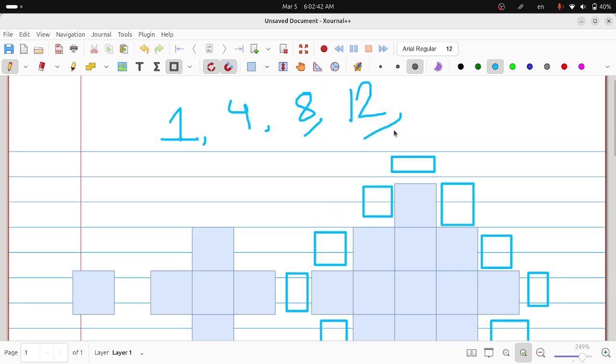I will be adding 1 2 3 4 5 on one side, 5. So 1 2 3 4 5.